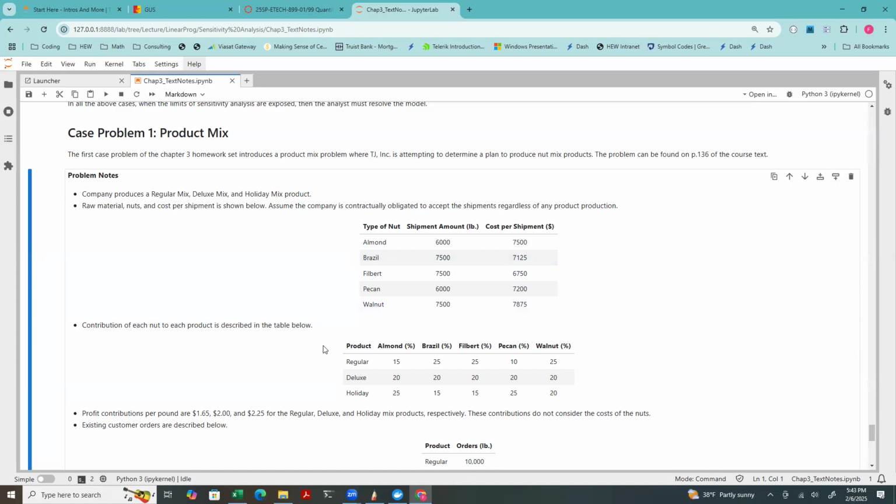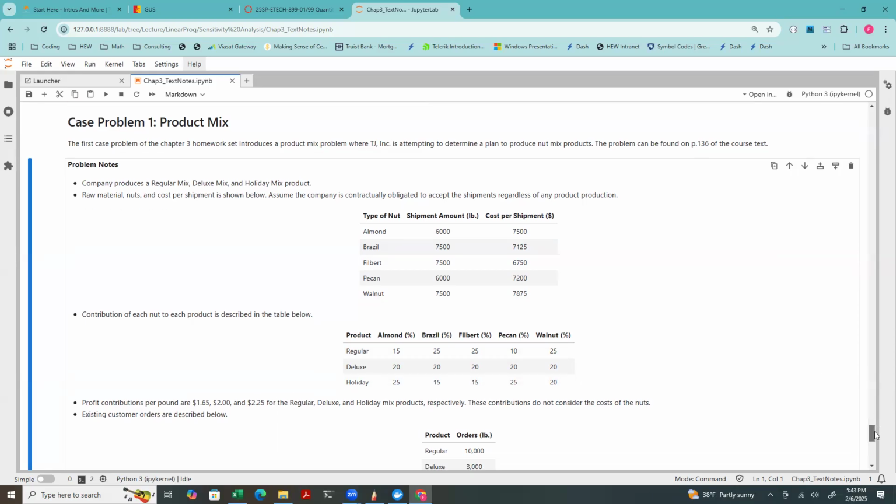All right, and then also the bill of material side of things: you can see here the distribution across the different nuts of the regular product is listed in this row, then deluxe, and the holiday here. Profit contributions are also things we'd be interested in potentially.